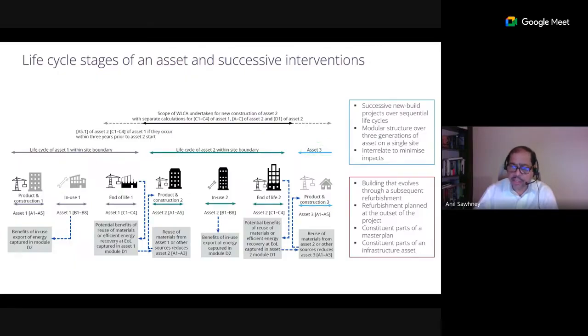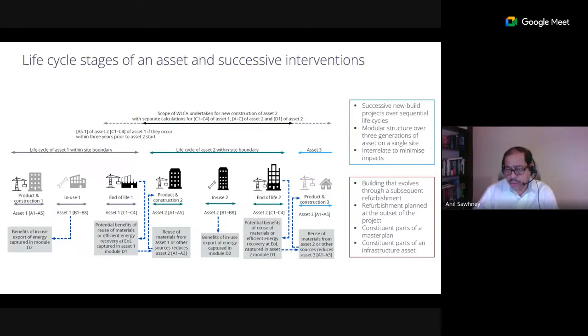So basically, how you distribute emissions between these is explained. Obviously, asset 1's A1 to A5 will have the construction of the first asset. Its in-use will be B1 through B8, and end of life C1 to C4 will remain here. Any export of energy will be captured in module D2.